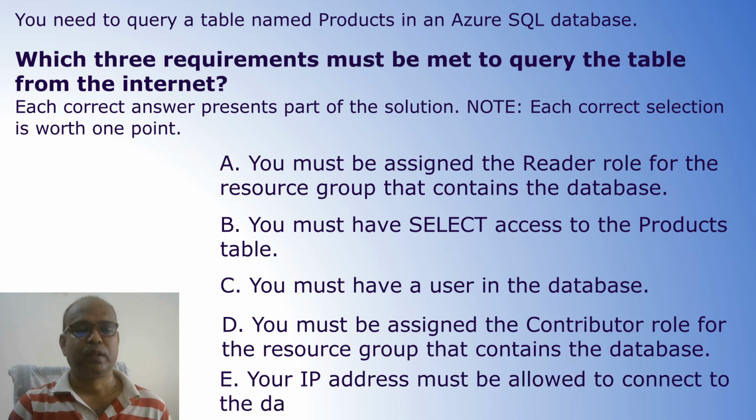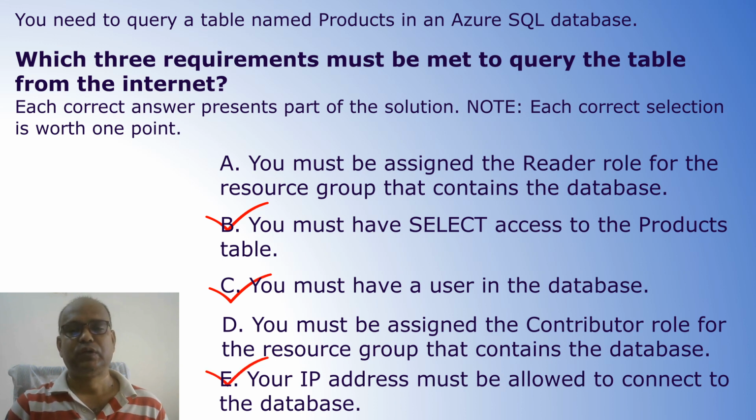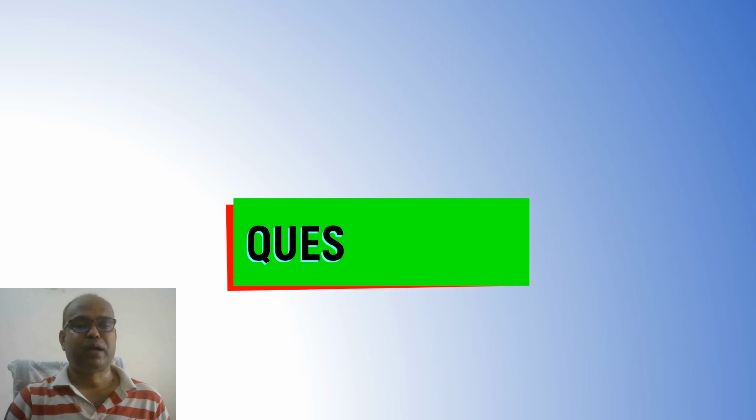Option E. Your IP address must be allowed to connect to the database. Answer. The correct options are B, C and E because in order to query a table, you must have select access, you must have a user in the database, and your IP address must be permitted to connect to the database. Next question, question number 100.